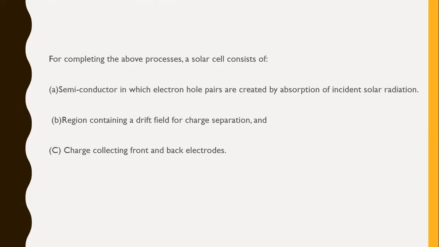So a semiconductor should have a region which contains a drift field for charge separation. And third is charge-collecting front and back electrodes. On both the front and back sides there should be electrodes, which are used for collecting and transporting the charge.